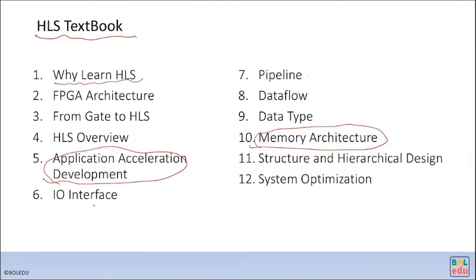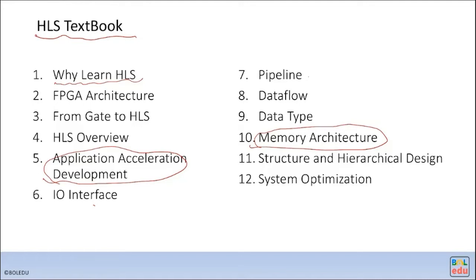So you will see a lot of the time the speedup is because you are smart about how you handle the memory interface. For example, for video or image processing, people use a line buffer. The line buffer is an example of what I mean by memory architecture.